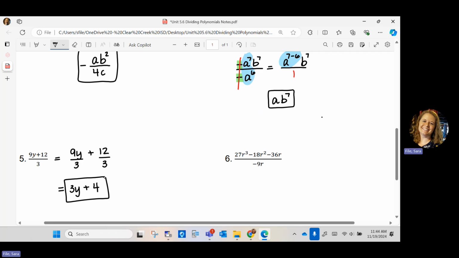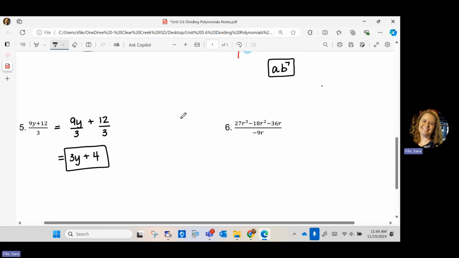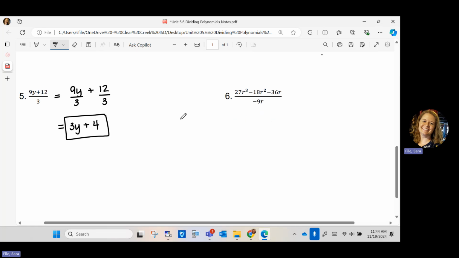All right. Same concept here in number 6. There are subtraction signs, just like that addition sign, separating these terms in the numerator. So I'm going to separate them.